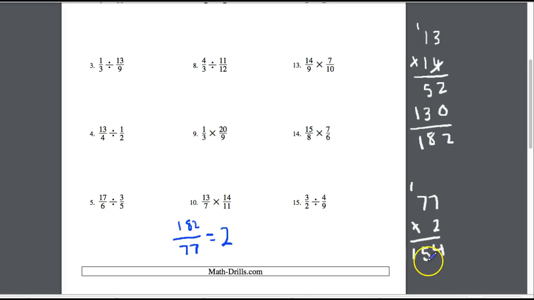2. And then the remaining. To work out your remainder, this is where it gets quite tricky. We're going to have 182 minus 154. Okay, so that's going to be 28.